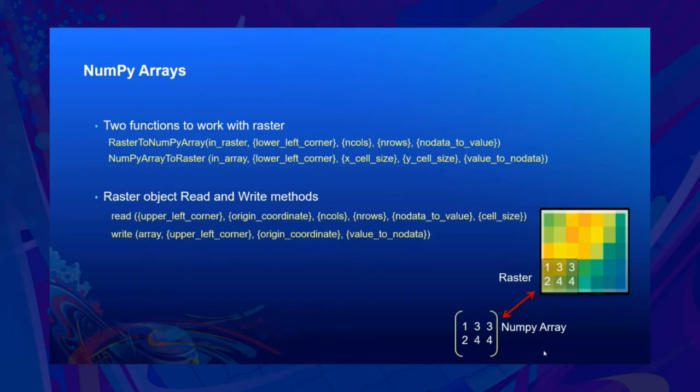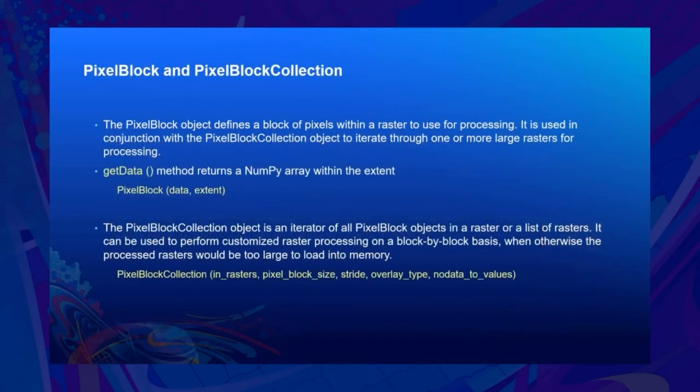However, there will be a situation where the raster is so big that you cannot read one big raster into the memory of your computer. In that case, you actually have to read a block of pixels, and this is where the pixel block comes into the picture. You can define the area of the raster you are reading using a pixel block, process that area, and then move to another area.